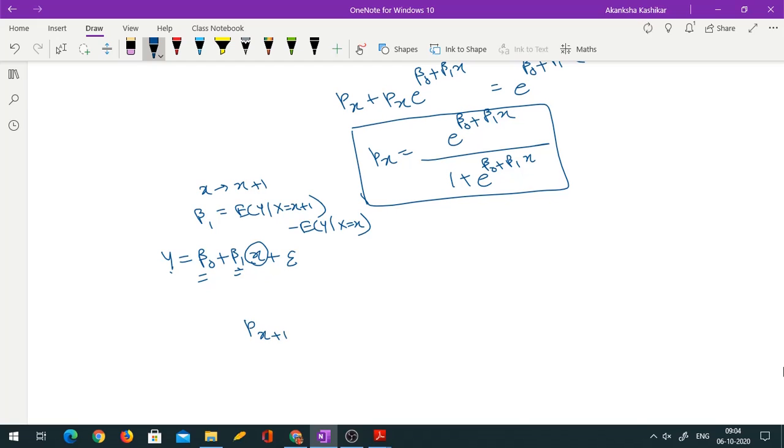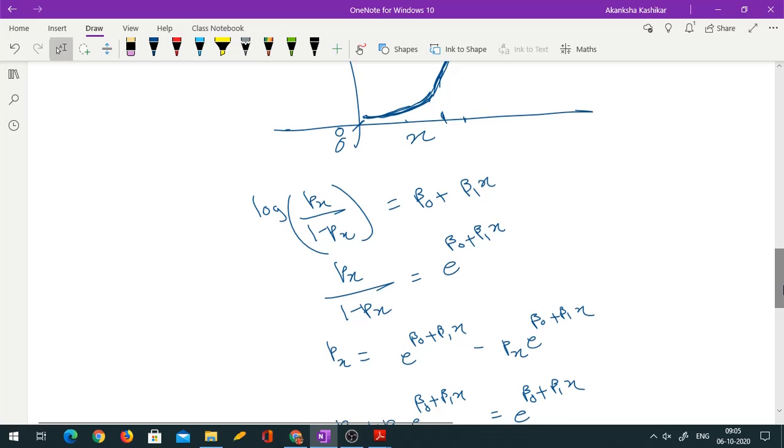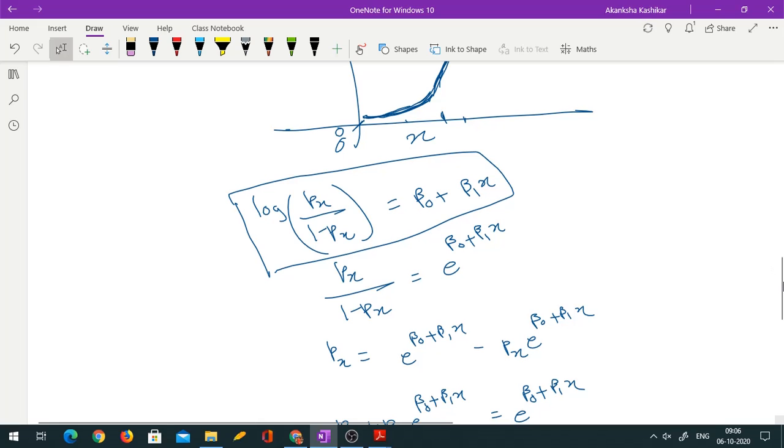So if I have p(x plus 1) upon p(x), what do I get? I would get e raised to beta naught plus beta 1 into x plus 1 upon 1 plus e raised to beta naught plus beta 1 x. So if we want to do something similar to that in logistic regression, we will again go here. Because we know the linear regression setup is familiar, let us try that here.